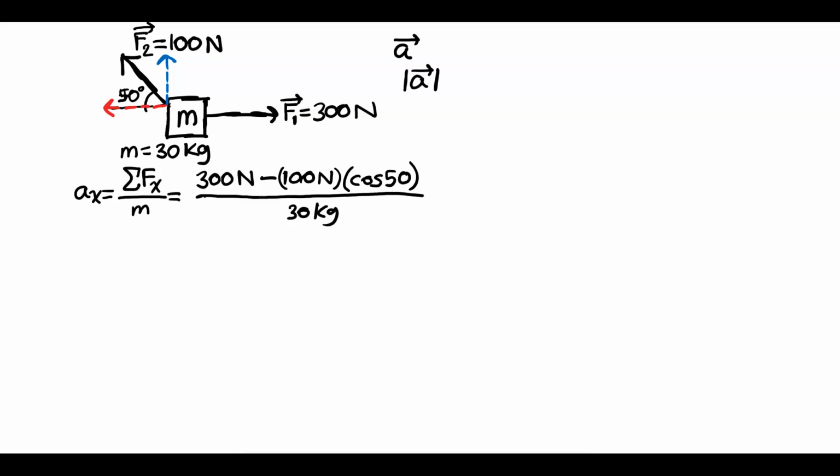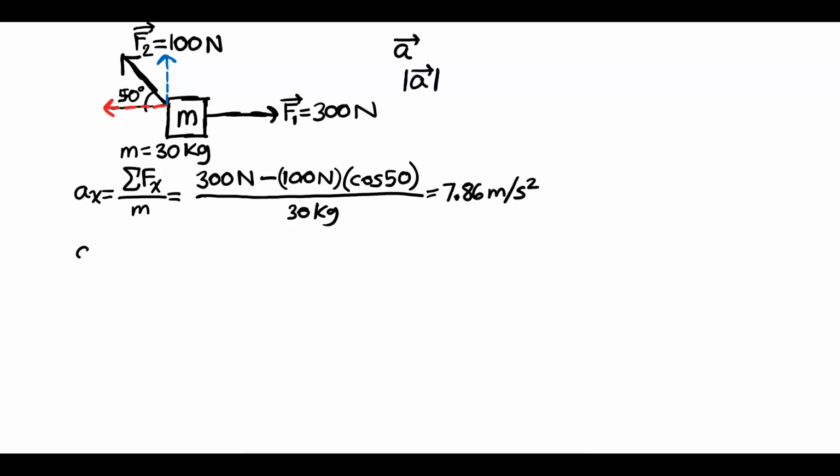We have 235.7, so to the right, which means it still accelerates to the right, and we divide by 30, and we get 7.86 meters per second squared to the right. Note that if F2 had been larger, then at some point it would accelerate to the left. So we know that it accelerates to the right.